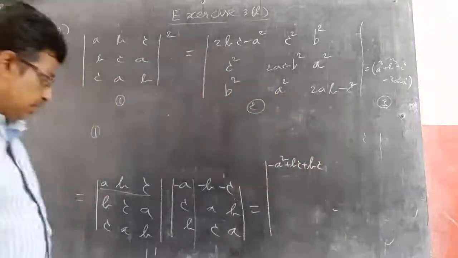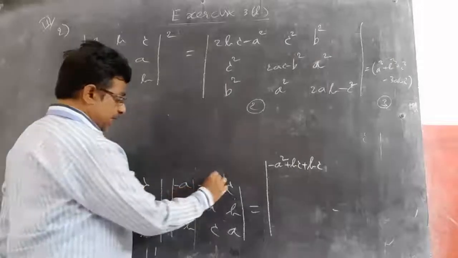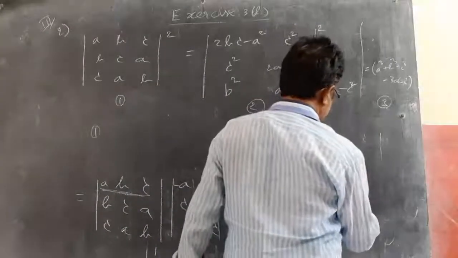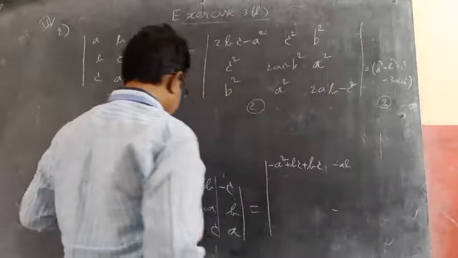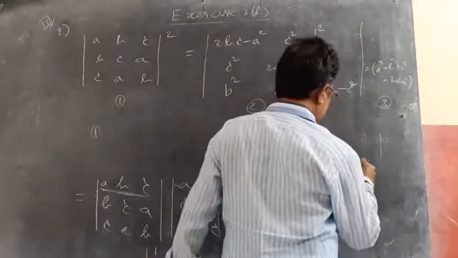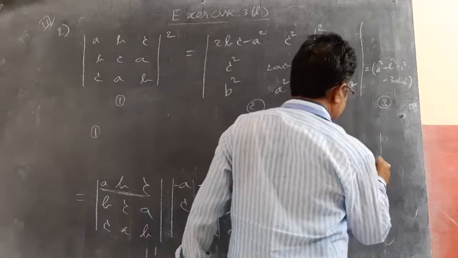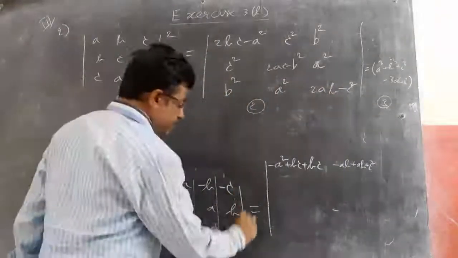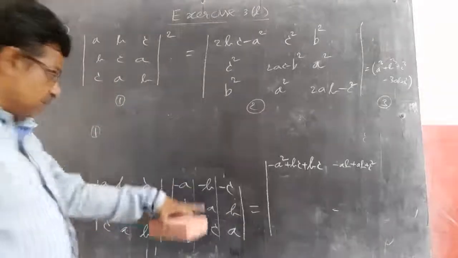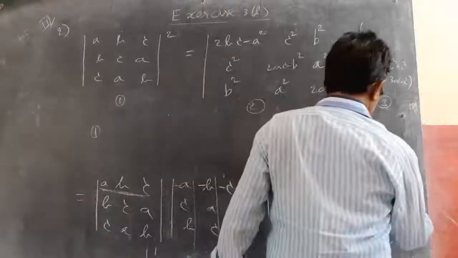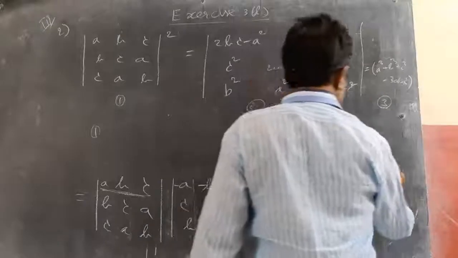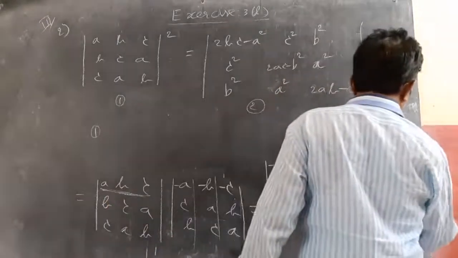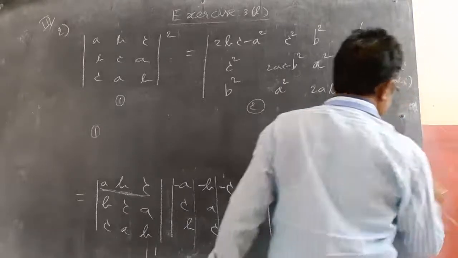Next, first row with second column: minus AB plus AB plus C square plus AB. Now first row with third column: A into C, minus AC, plus B into B, B square, plus AC plus AC.